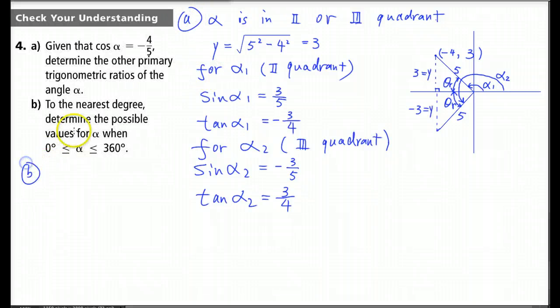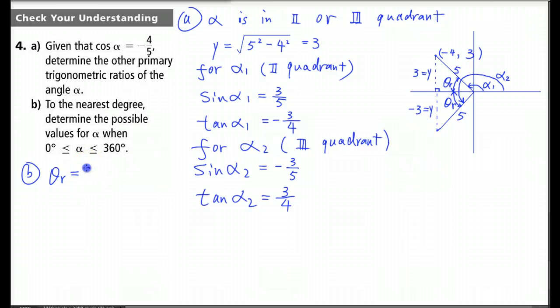For part B, because we can find out the reference angle, sorry, the reference angle for alpha, which is called theta reference. We can use any of these ratios.